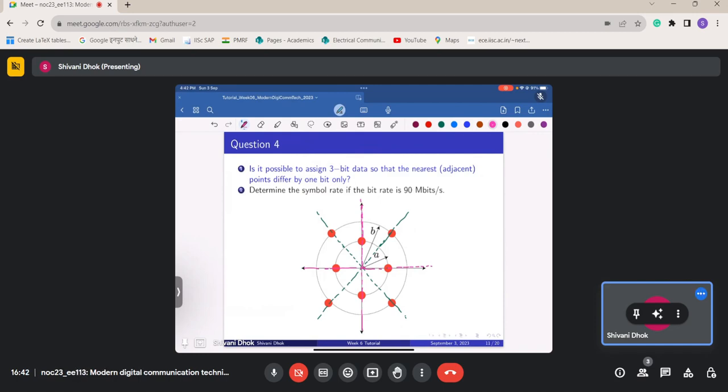in this fashion. Now suppose I reconstruct these decision regions by taking them as an 8 PSK, something like this, like decision region of this point.